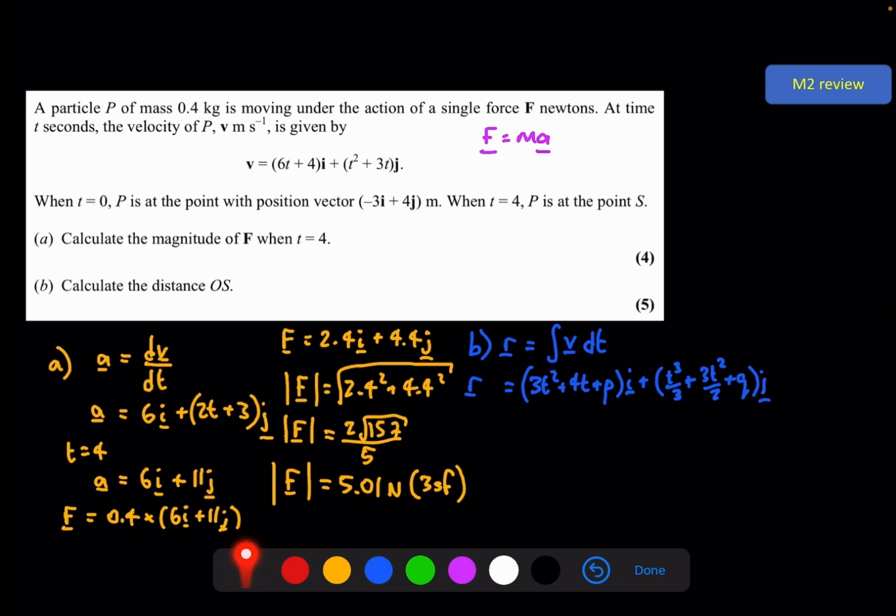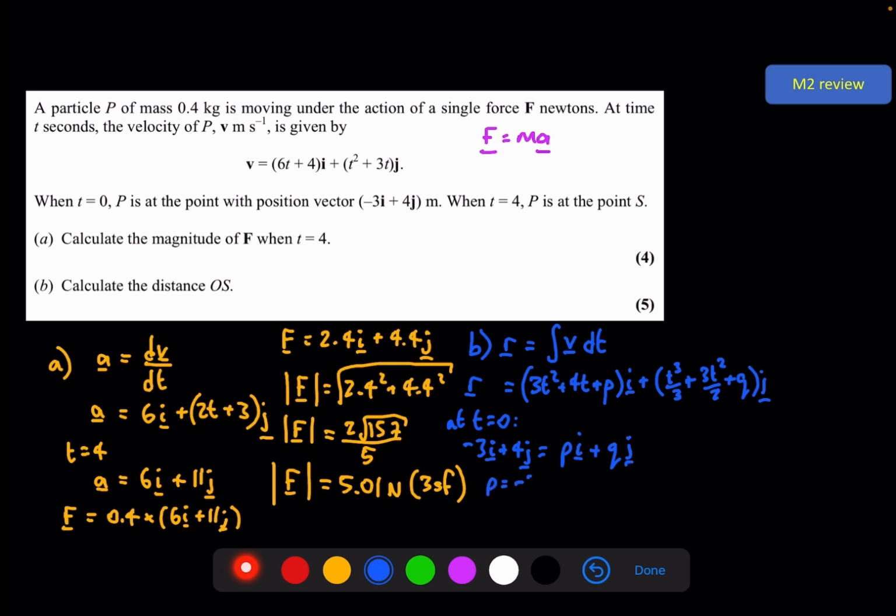When t is equal to 0, the position vector is this. Minus 3i plus 4j on the left, and on the right hand side we have 0 plus 0 plus p, so that's just pi, plus 0 plus 0 plus q, so that's just qj.